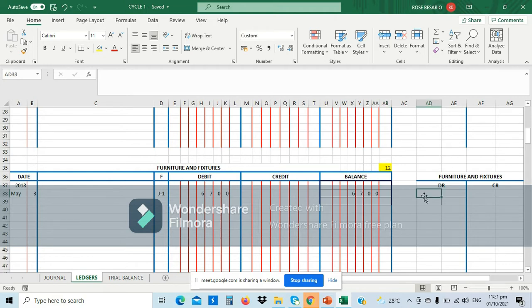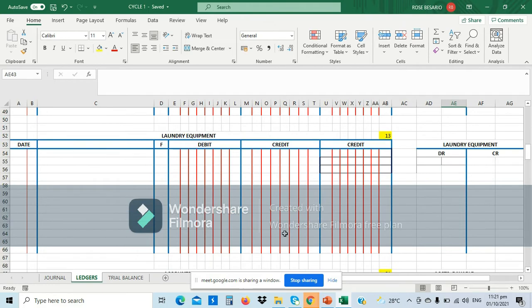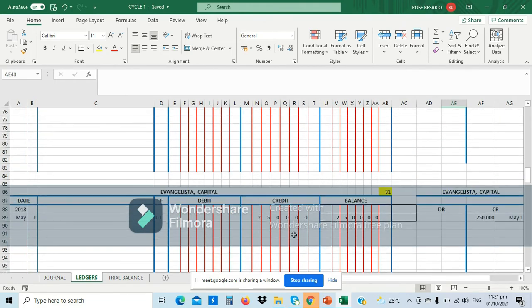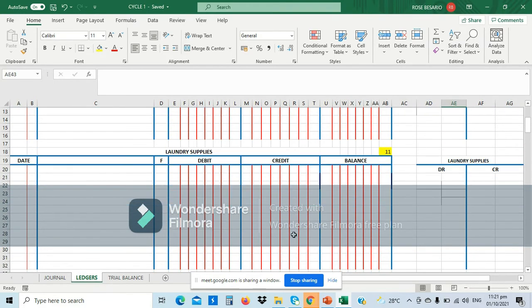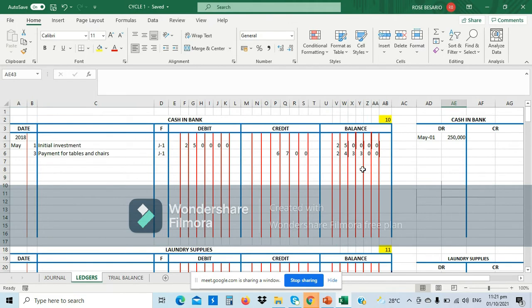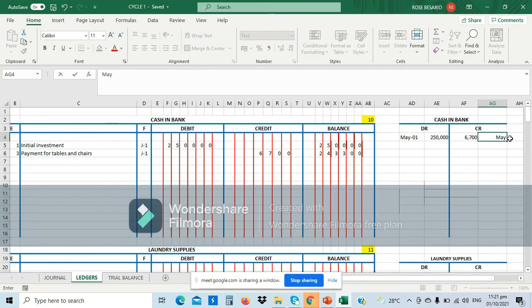So this is May 3, then 6,700. Okay, so we'll go back to our cash. So this is 243,300. And then in the T account, I will also post it on the credit side of the T account. That's the 6,700. And this is May 3.